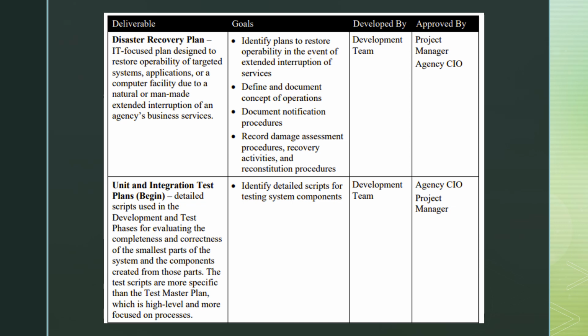The test scripts are more specific than the test master plan, which is high level and more focused on processes. Its goal is to identify detailed scripts for testing system components. It should be developed by the development team and approved by the agency CIO and project manager.